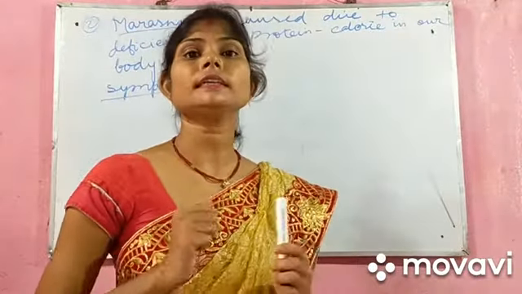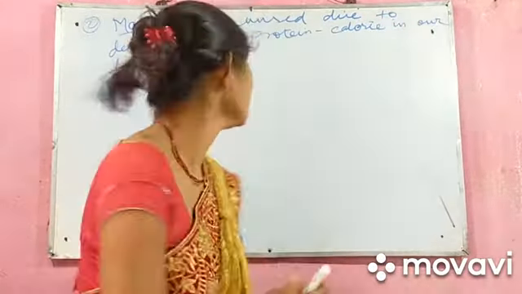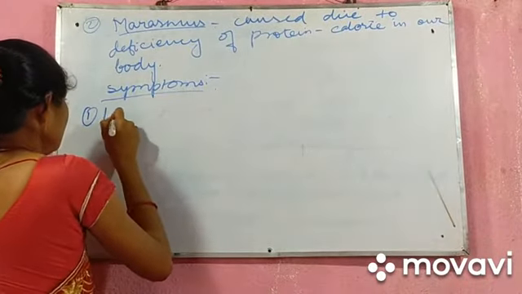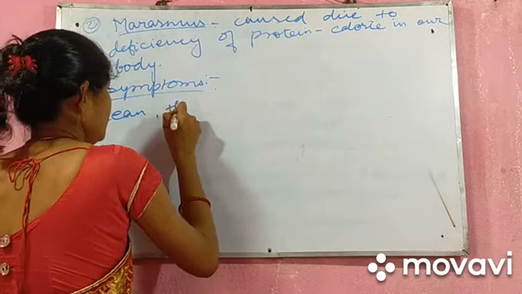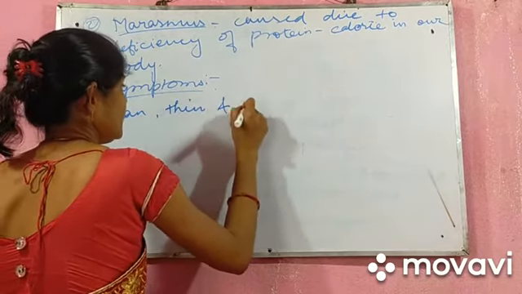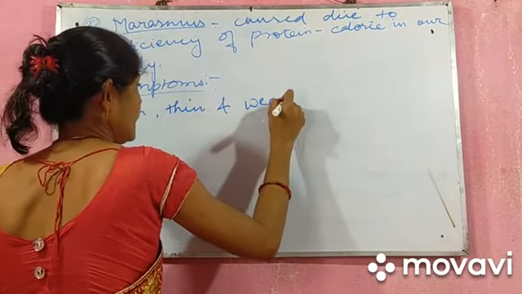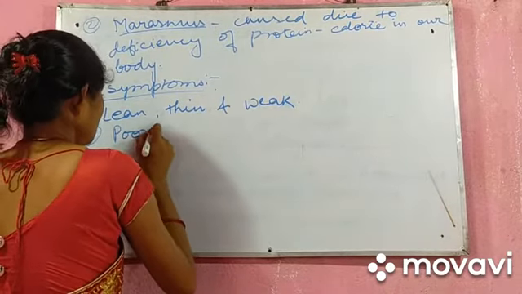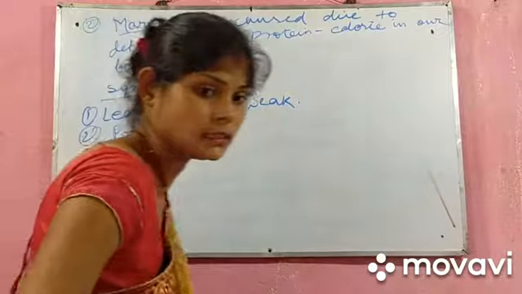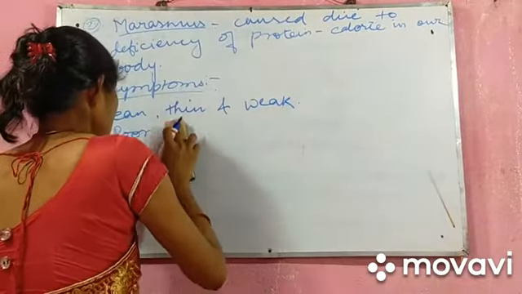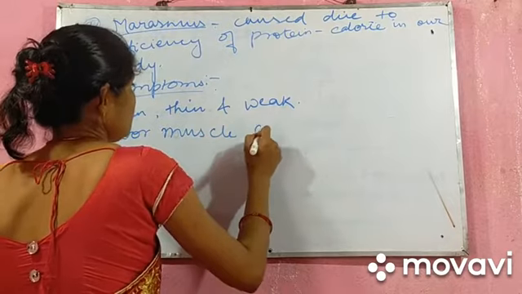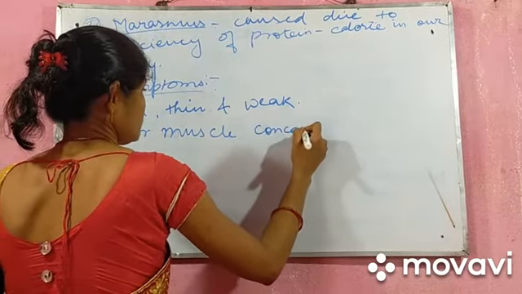In this condition, the baby becomes lean, thin, and weak. The baby will have poor muscle concentration.